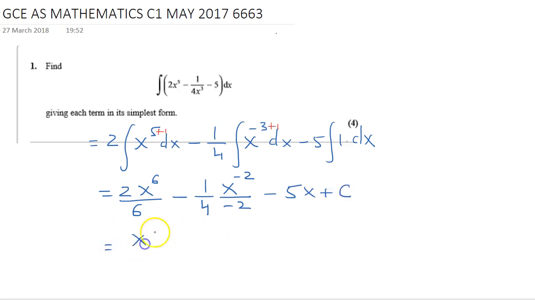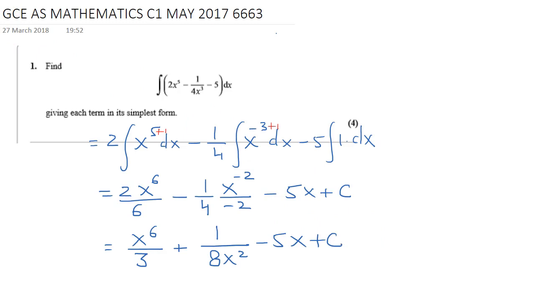So this will be x to the power 6 over 3, we cancel 2 by this. This is minus and minus, that is plus. This is x to the power minus 2, we can write it as x square, minus, the plus 8x square, minus 5x plus c. So that is the answer of the first question.